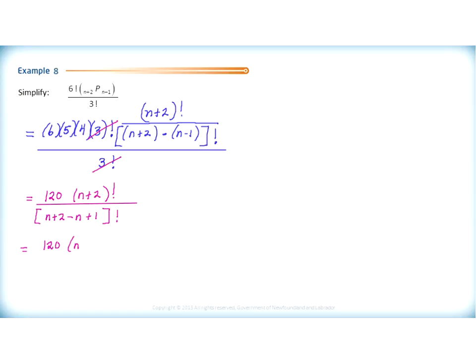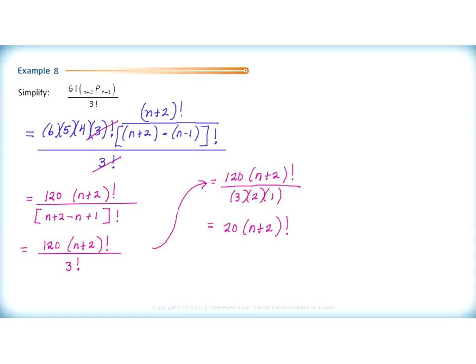Continuing to simplify, we have 120 times n plus 2 factorial divided by, notice that n minus n will cancel, and you're just left with 3 factorial in the denominator. That is 120 times n plus 2 factorial divided by 3 times 2 times 1. 120 divided by 6 is equal to 20, multiplied by n plus 2 factorial. So this one is now simplified as far as it possibly can be.